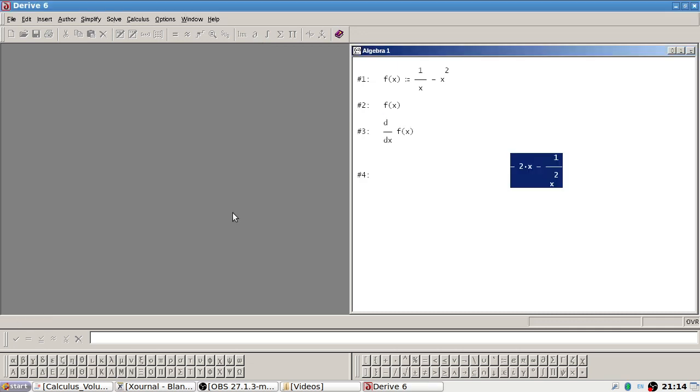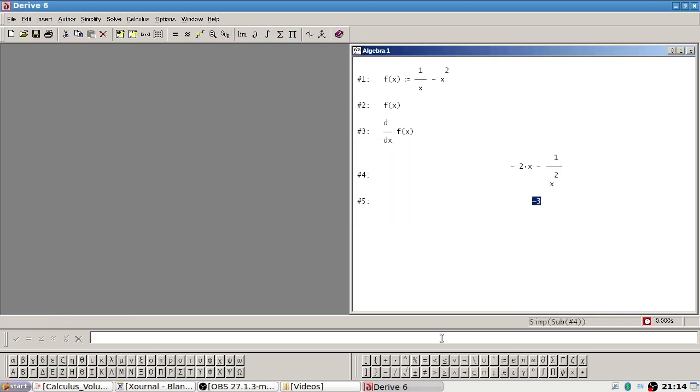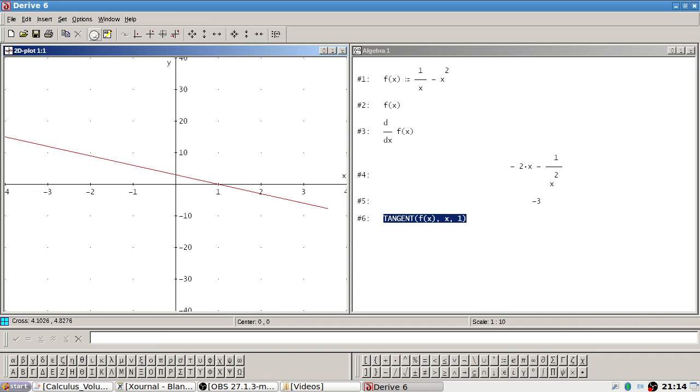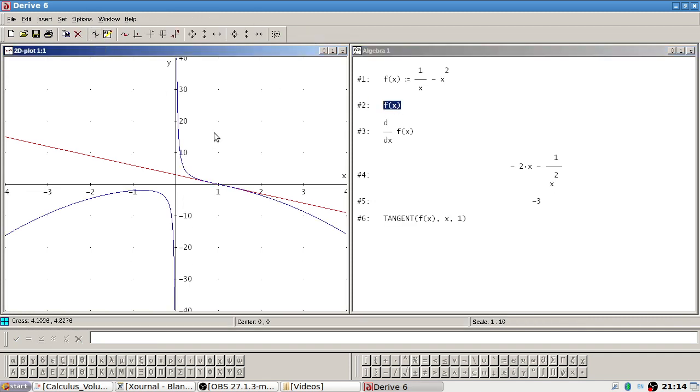Derivative. And then a is 1. Then we want the tangent of f(x) when x is 1. Okay. There's the tangent line. And there is the curve.